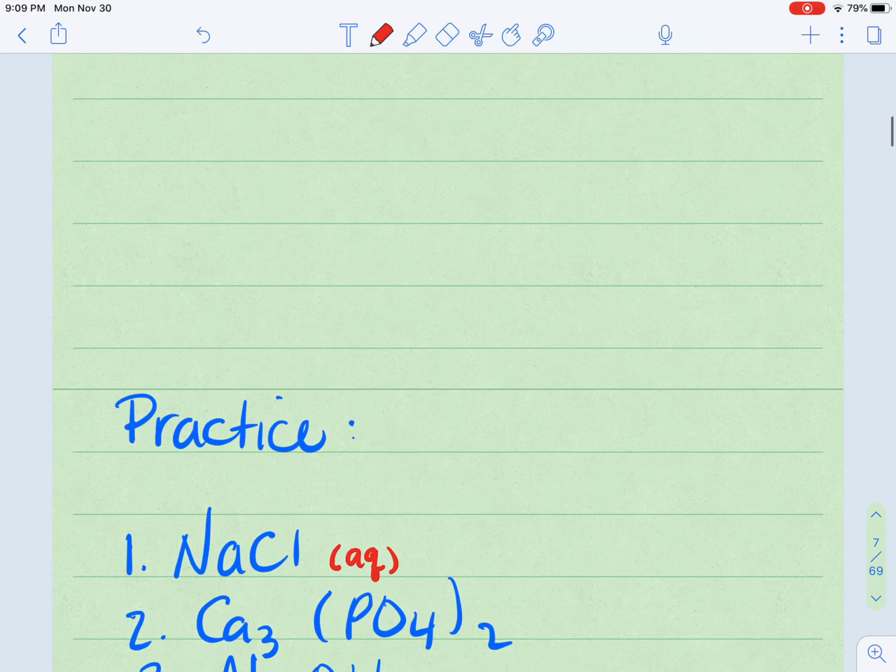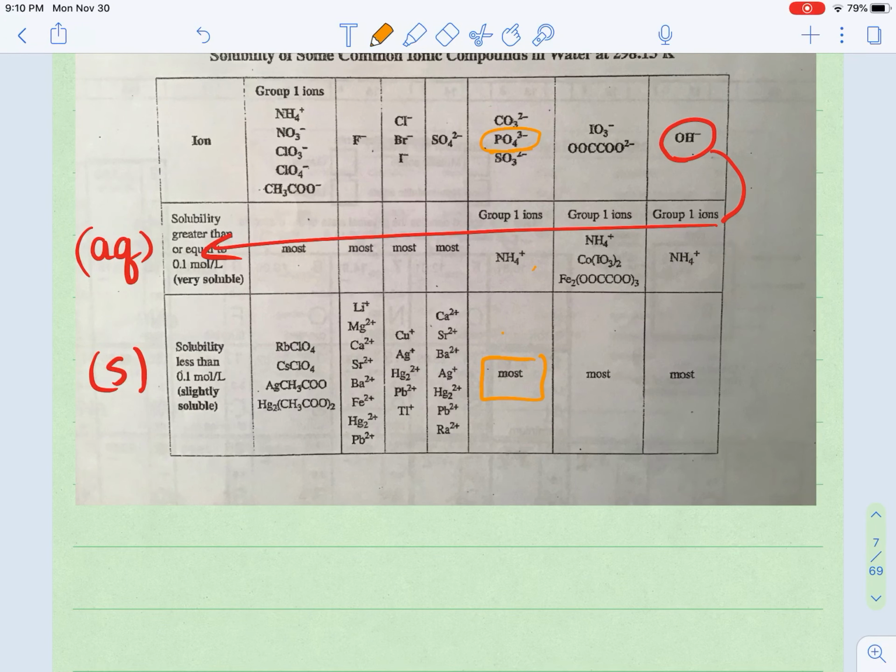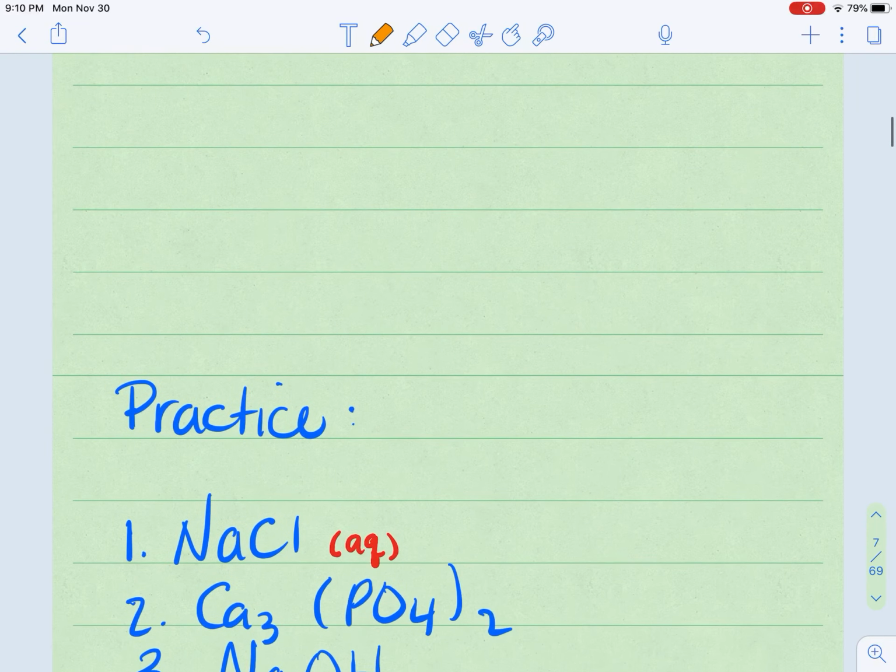For calcium phosphate, let me just change to a different color. Calcium with phosphate, we find phosphate over here, and it says that with the group 1 ions or ammonium, it would be aqueous, but anything else, it would be solid. So mixing it with the calcium would come into this category, so we have to assume that it will be solid.